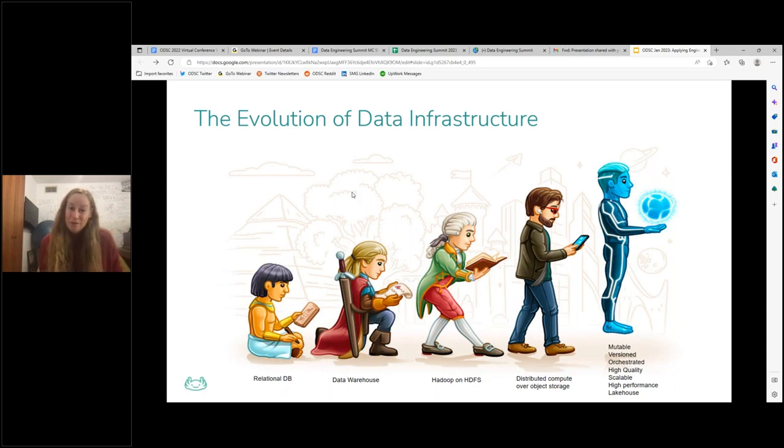And now that we do have those systems and they are working and they are stable, then we're looking into the future. And what we really want is this very, very short and simple list of having a mutable environment where data can change. Then we want to version the data. We want to have orchestration around all the jobs that are running our data. We definitely want to deliver it in high quality and high performance, and call the whole thing a lakehouse.